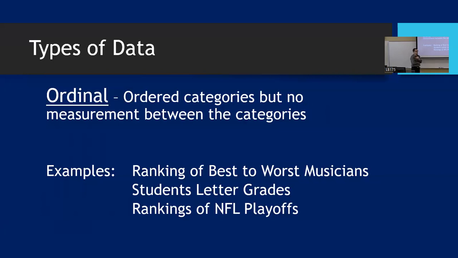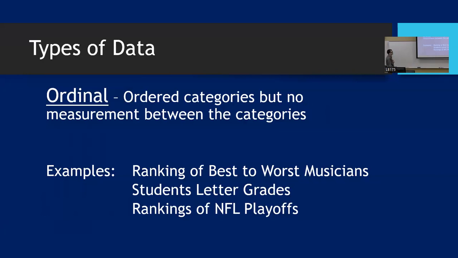You know, the top seed might have won 15 games, and the second seed might have won 10 games. Or it could be that they both won 14 games, right? And that criteria is broken through some other means. I don't know what the other means are, but rankings in NFL playoffs are that way too.